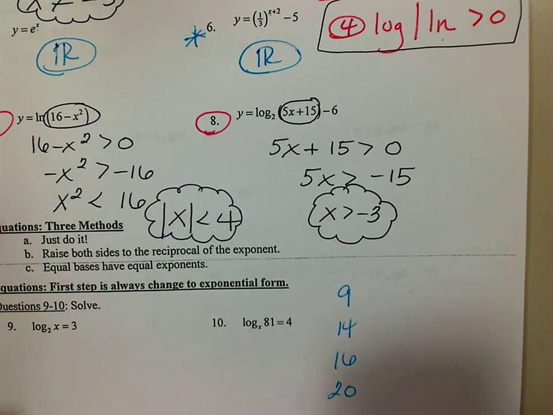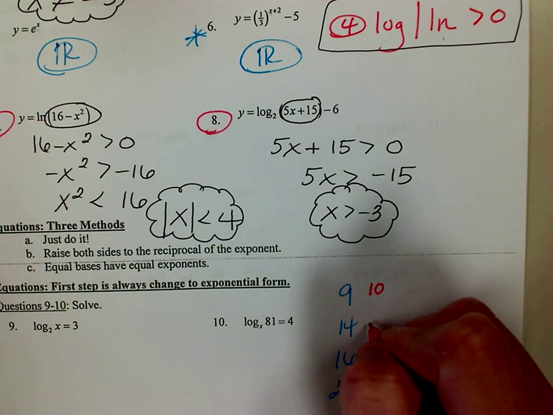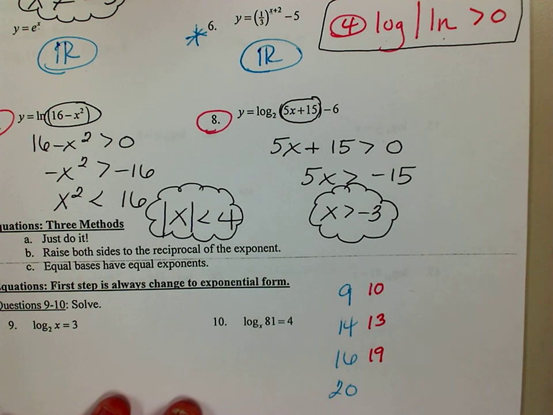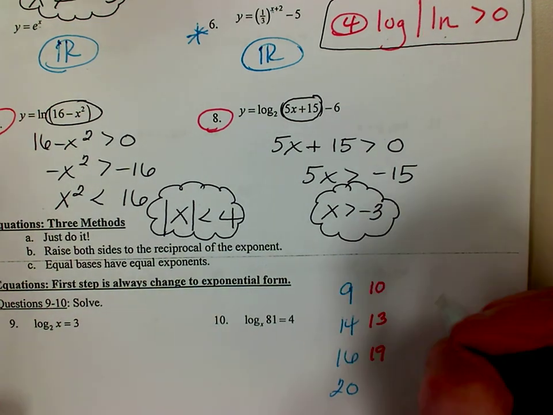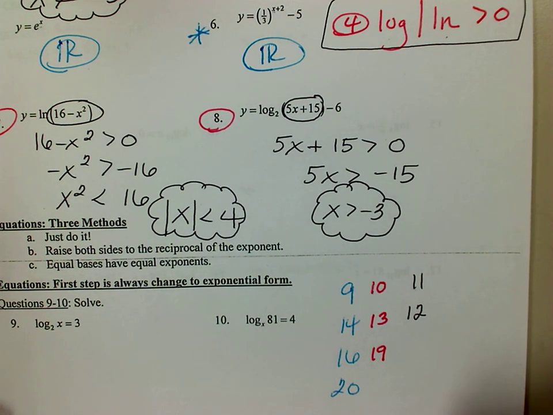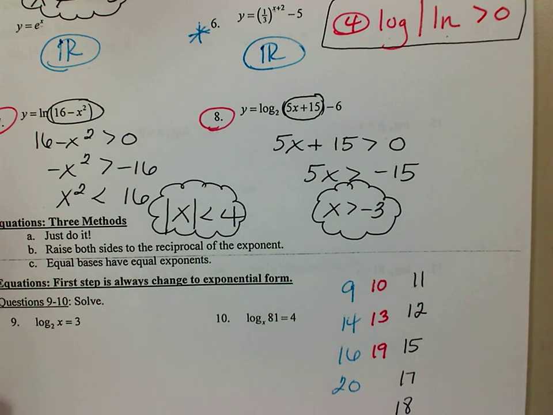Then we've got 10, 13, and 19 are all alike. And then we've got 11, 12, 15, 17, and 18 are all alike.